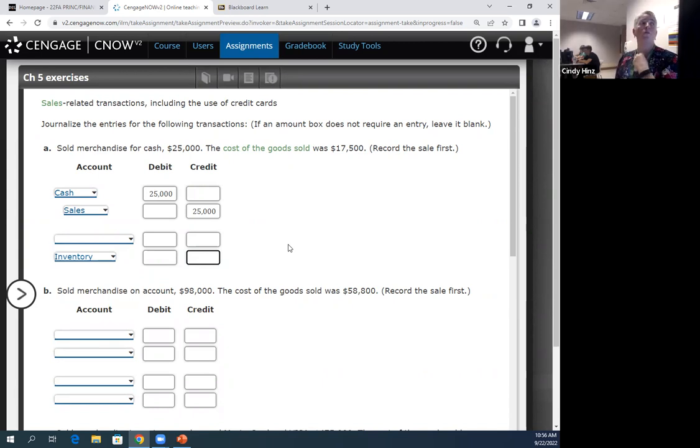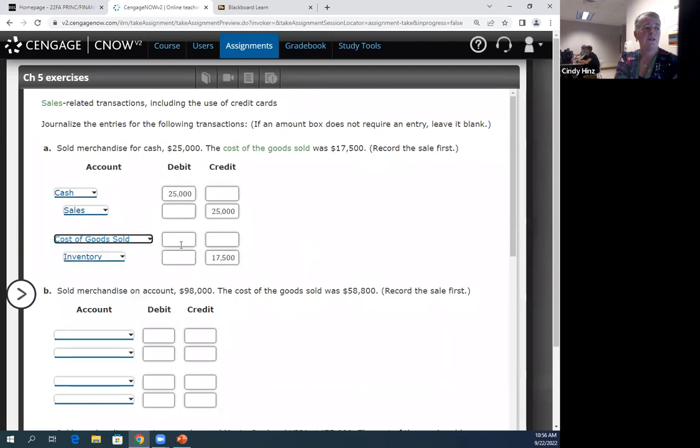If we did, we aren't very good business people because we didn't make any money on it. In fact, we would have lost money on it once we pay our selling and administrative expenses. And so the amount we remove from the inventory account is based on how much we paid for it. And that is the cost of goods sold. So we remove it from our balance sheet. It's no longer in our inventory account. And we move it onto the income statement. And it becomes part of cost of goods sold.